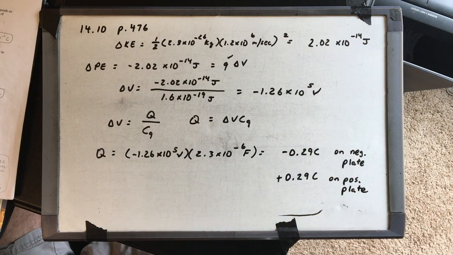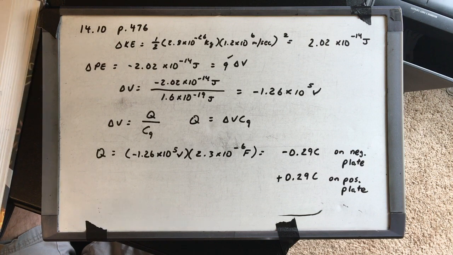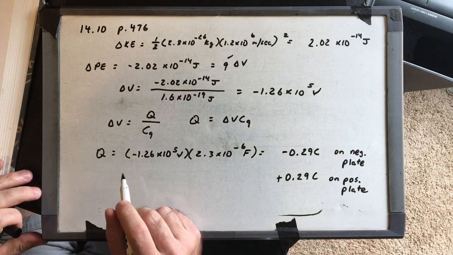All right, and that finishes out the math for chapter 14. You can finish your reading out, and you should be able to finish up the review questions and the practice problems based on this lecture.